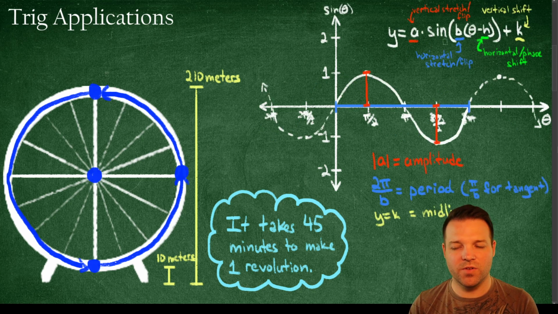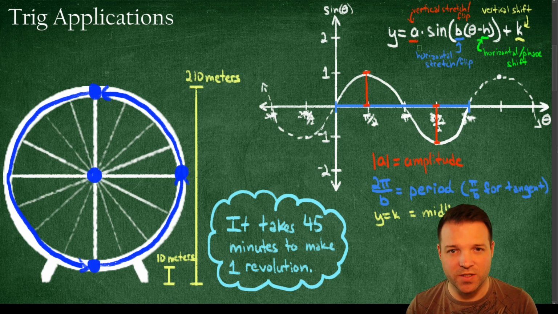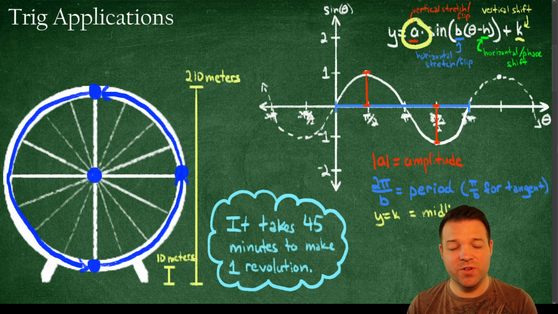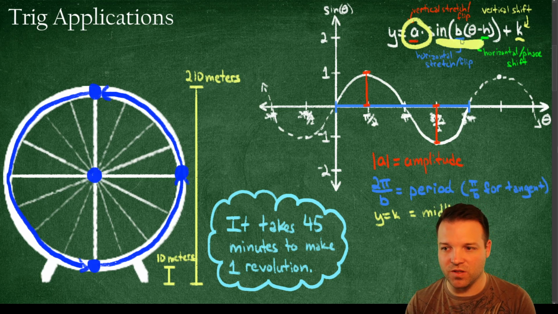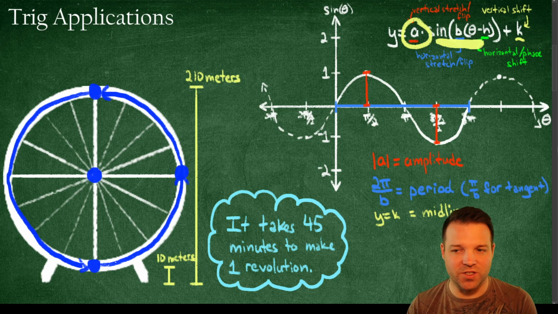So this is the sine function, but it doesn't really matter what you throw in here. What I want to talk about are the different numbers that we can change to transform these, right? Because we want to make one of these fit this situation. So over here, if I look at A, this A represents a vertical stretch or compression. It's on the outside of this function, so it affects it vertically.